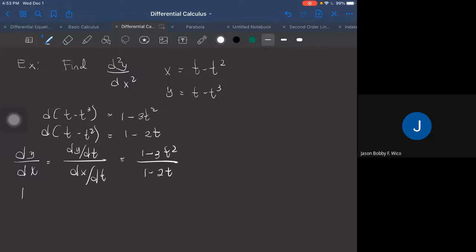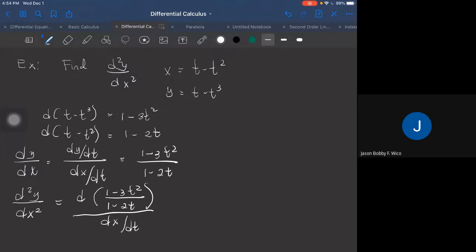And how do we obtain the second derivative of y with respect to x? It's just equal to the derivative of 1 minus 3t squared divided by 1 minus 2t, divided by dx dt. So this is your dy dt. This is your dx dt.